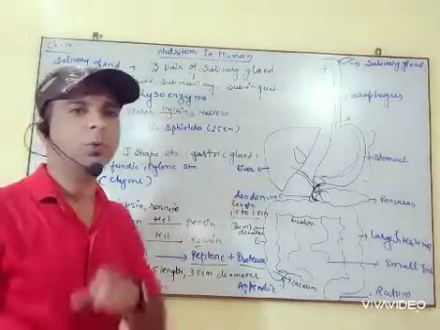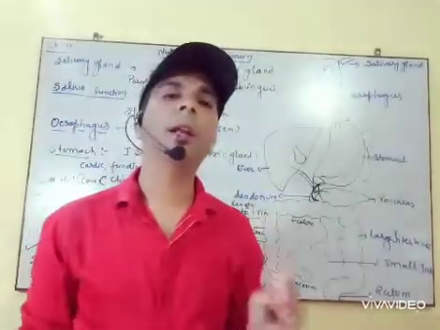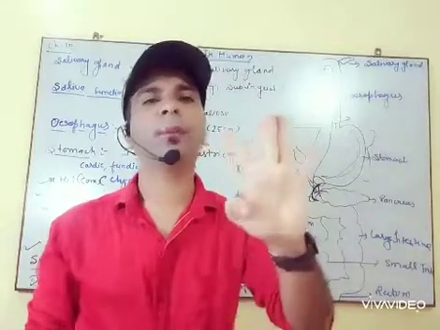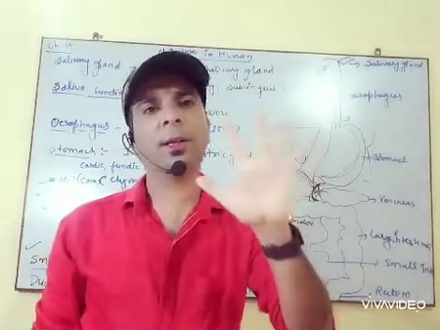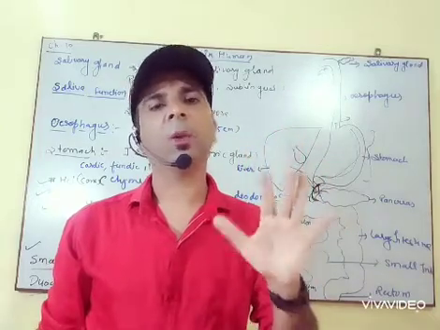Okay, this highly coiled structure contains various types of finger-like projections. These finger-like projections are known as the villi. Our small intestine has a lot of finger-like structures present.